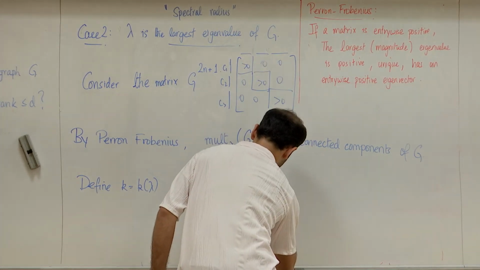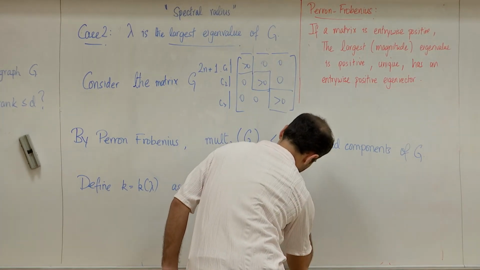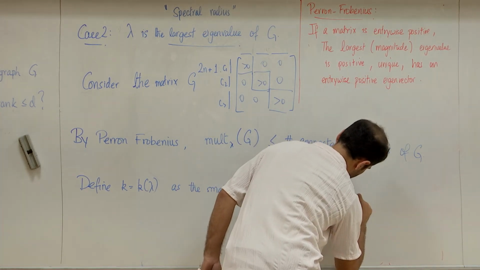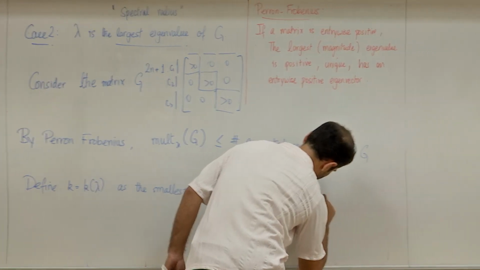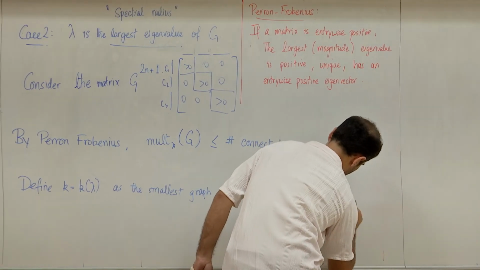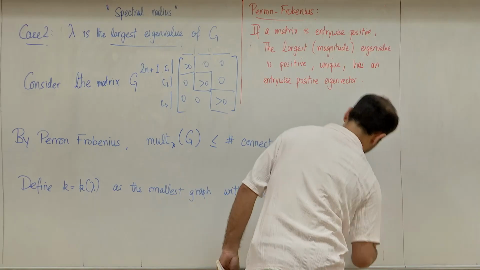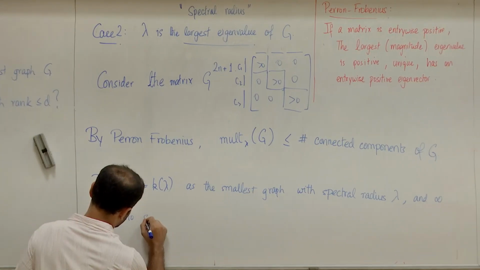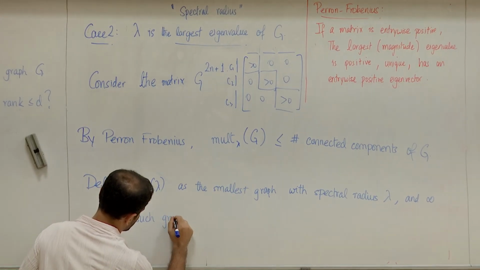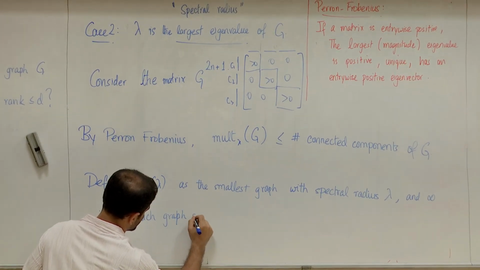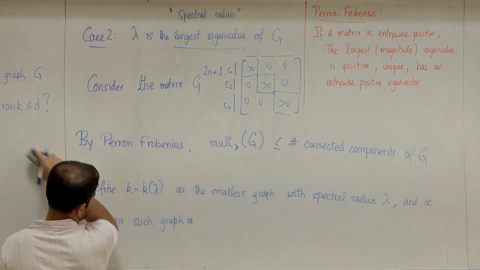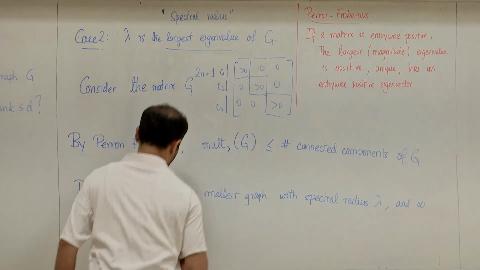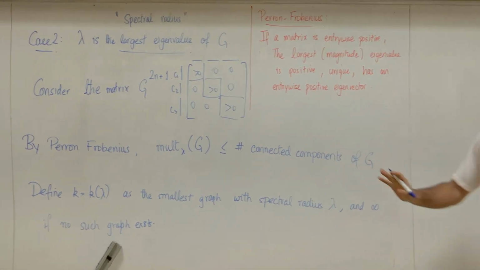So let me just say smallest graph with lambda, and infinity if no such graph exists. Okay, so this is a function only of lambda.